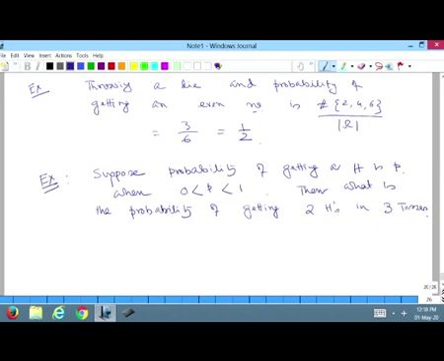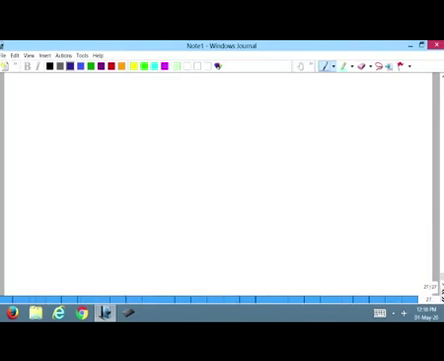In order to solve that, let us first understand a few properties. So, show that probability of A complement is equal to 1 minus probability of A. This is true since A union A complement is equal to omega.